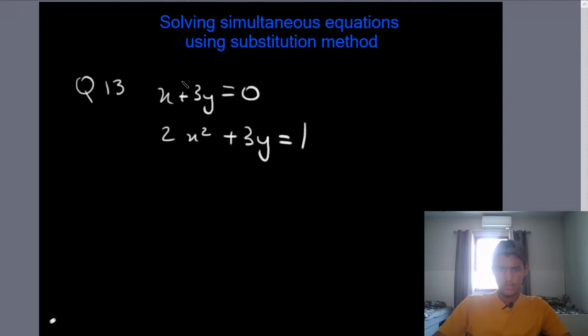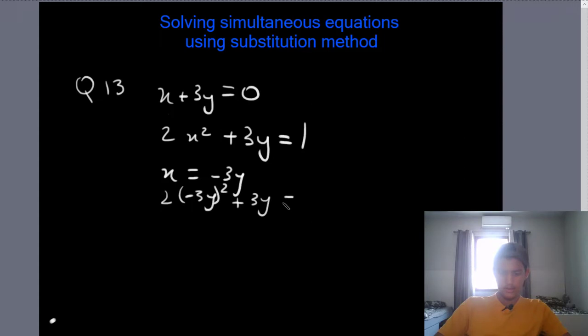We're going to be shifting 3y to the other side, so x is equal to minus 3y. So it will be 2 into (minus 3y) whole square plus 3y is equal to 1.